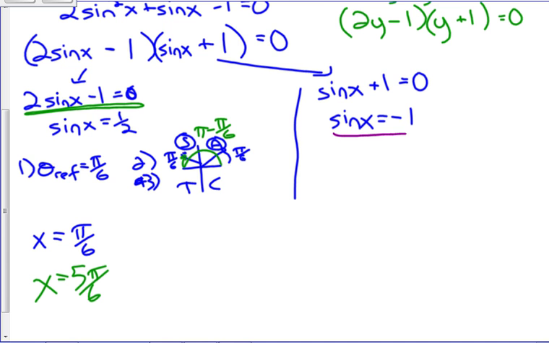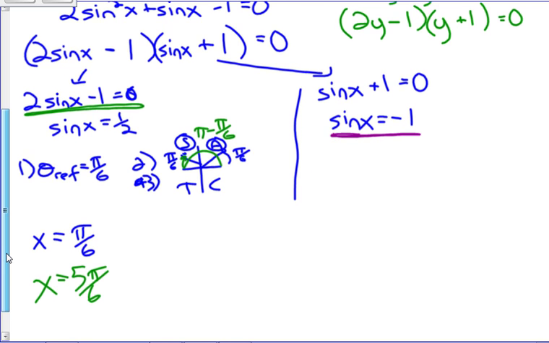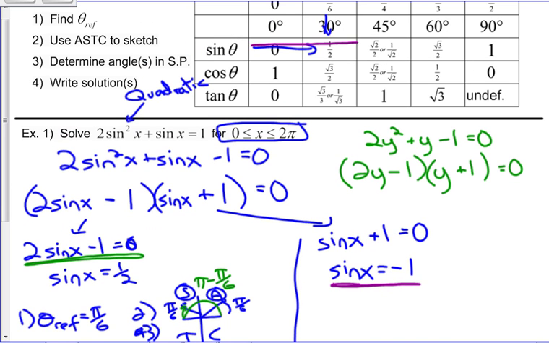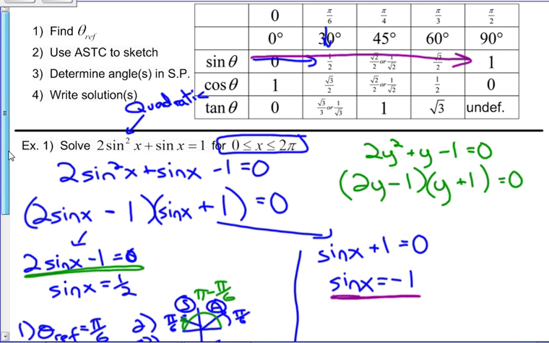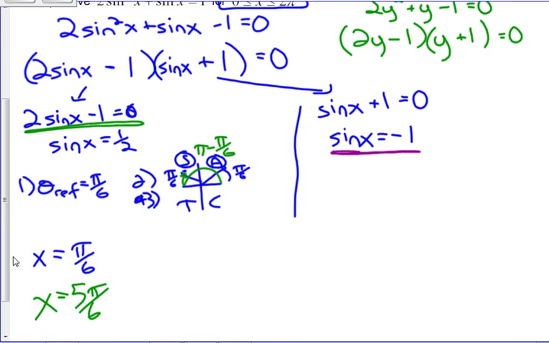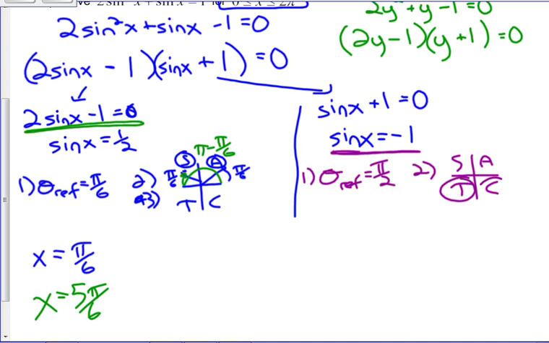Now let's deal with this elementary equation. We're looking for theta ref when sine is 1. That is 90 degrees or pi over 2. Okay, so theta ref is pi over 2. ASTC, sine is negative in these two quadrants. And here, I'll just be sure that I draw this carefully. Pi over 2 is 90 degrees. So 90 degrees in quadrant 3 and 90 degrees in quadrant 4 actually converge on the same spot.